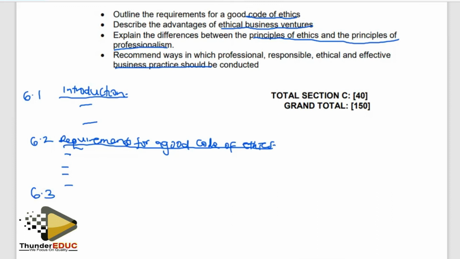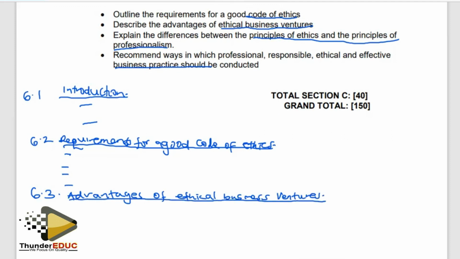They are saying describe the advantages of ethical business ventures. Underline this, and then you give us your answers.